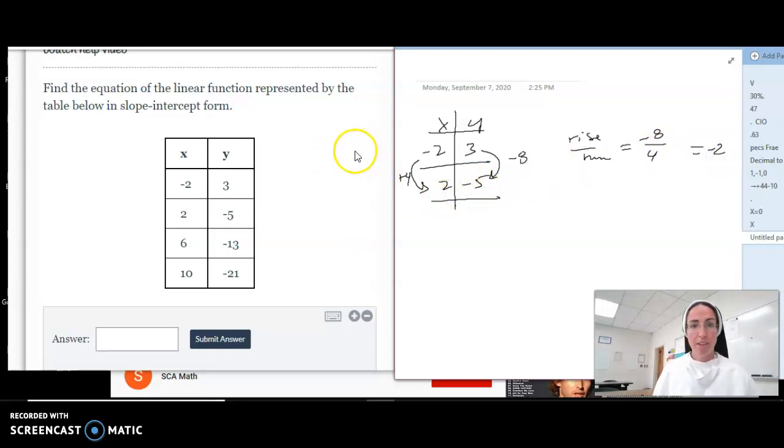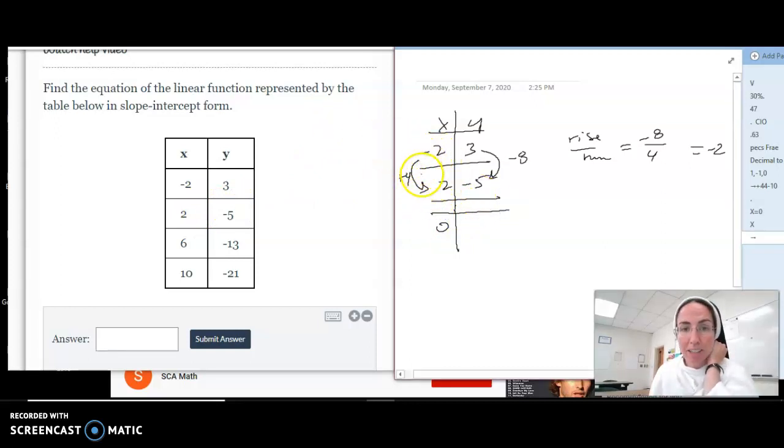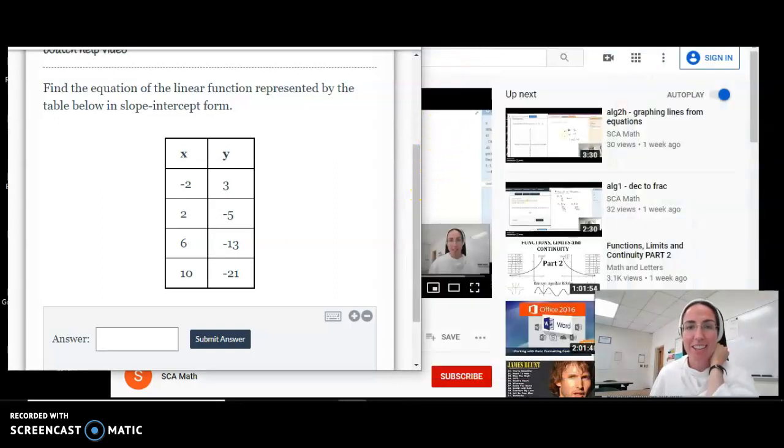Okay, what is x equals 0 going to give me? Well, I could imagine that x equals 0 is halfway between -2 and 2. So if I'm really clever, I could just take the average of these y values here. But let's say you didn't know that.